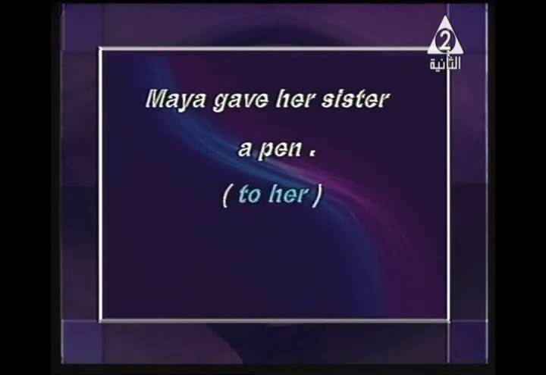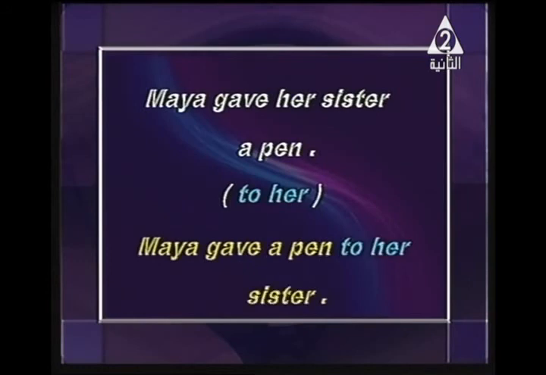I want you to put "to her." Fine. We said how we do this: we put my direct object first, which here is a pen. Yes, excellent. And then I put "to." After that I put the indirect object. So what is it going to be? Maya gave a pen to her sister. Okay.